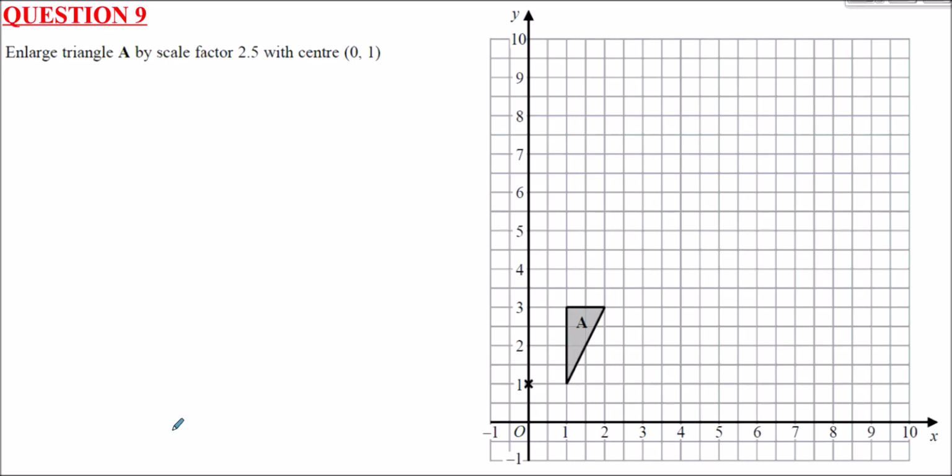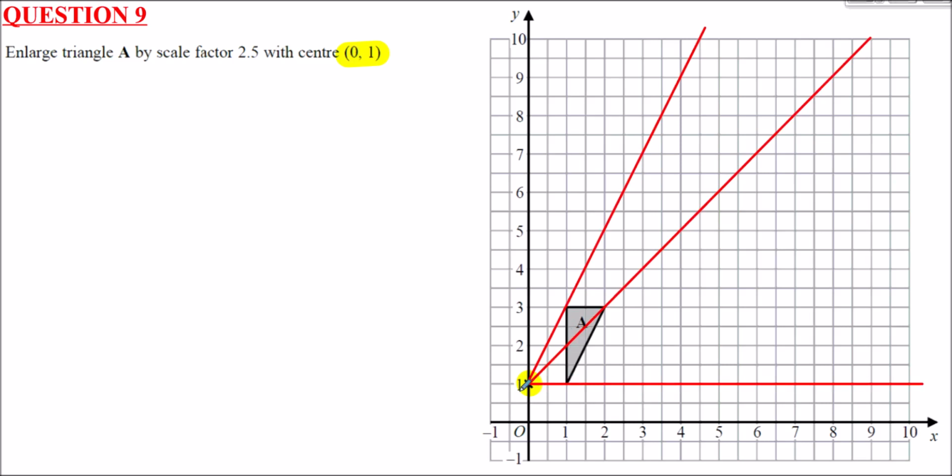Question 9, we have to enlarge triangle A by scale factor 2.5 with centre 0, 1. So 0, 1 is actually being given for us here. It's been crossed. There's several different ways of performing enlargements. I'm just going to show one here because this is a relatively simple one, but it's a few pointers.